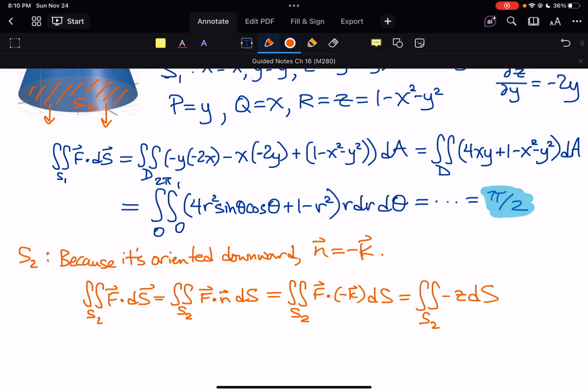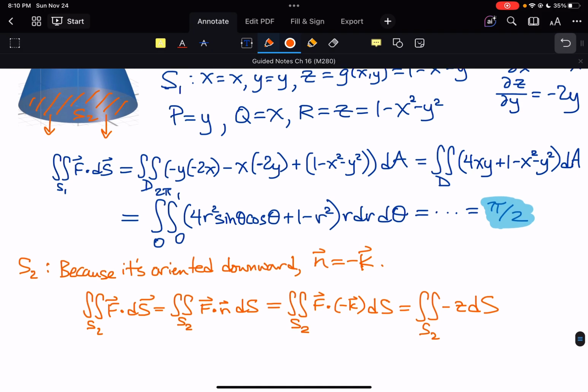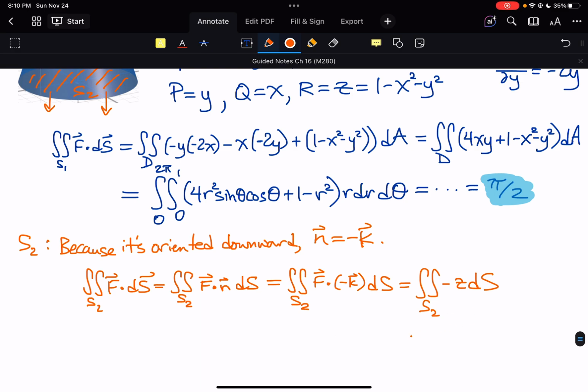But we run into a similar outcome that we saw in a previous example, where because the surface lies entirely in the xy plane, the z value everywhere is 0.